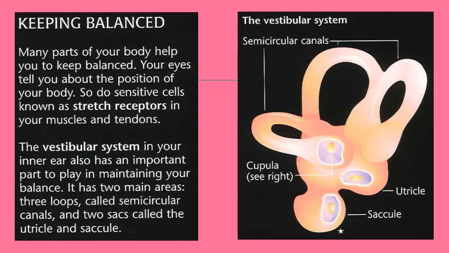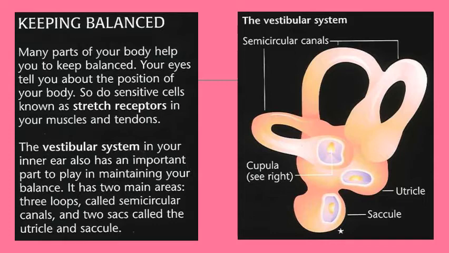Keeping balanced. Many parts of your body help you to keep balanced. Your eyes tell you about the position of your body. So do sensitive cells known as stretch receptors in your muscles and tendons. The vestibular system in your inner ear also has an important part to play in maintaining your balance.